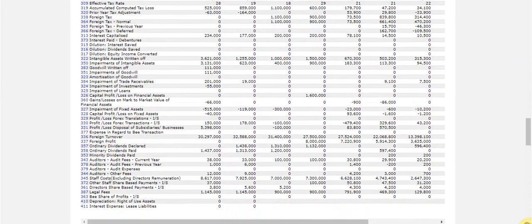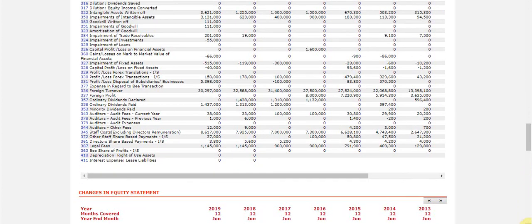So there's a whole lot of items that you can actually go and study here in terms of the financial performance of a company that you might be interested in buying shares in terms of public companies. So you can go and check out this interesting option.